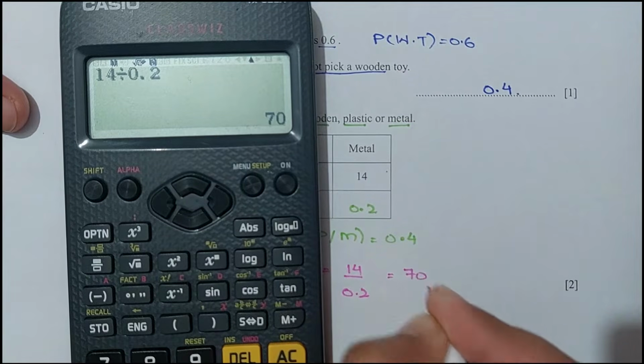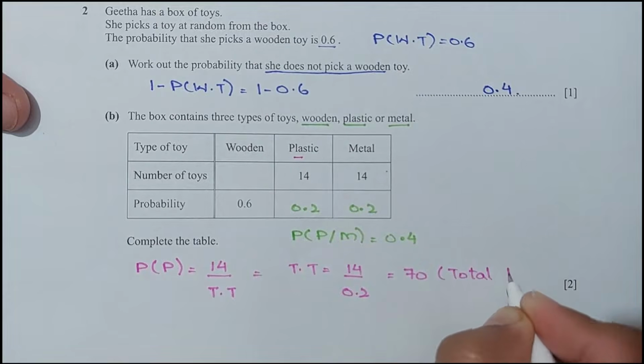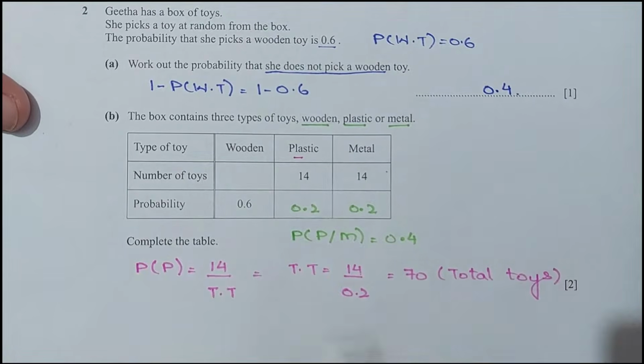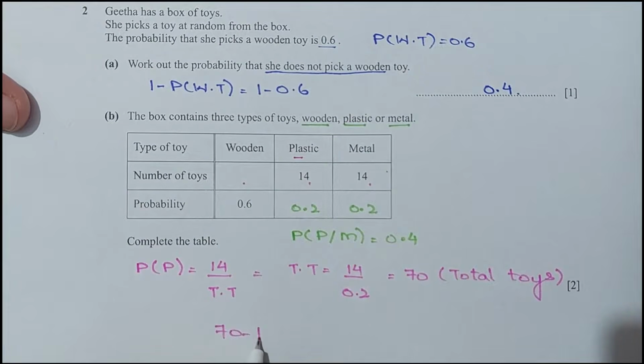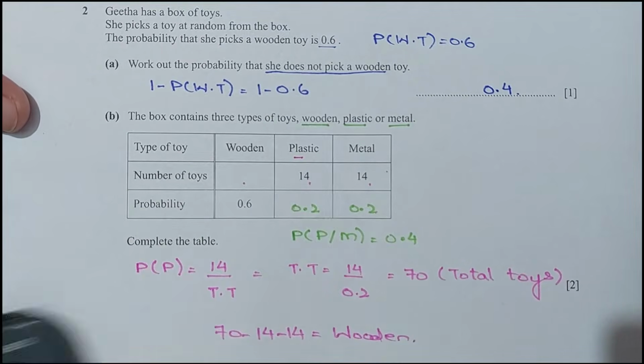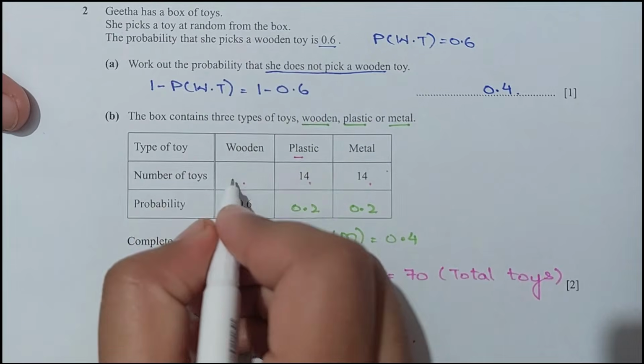So there are 70 toys in total. The toys are wooden, plastic and metal, so 70 minus 14 and minus 14 gives the wooden toys. Take away 14, take away 14, 42 are the wooden toys.